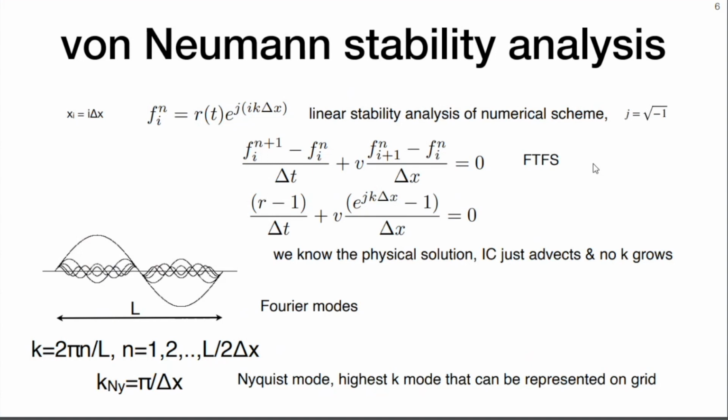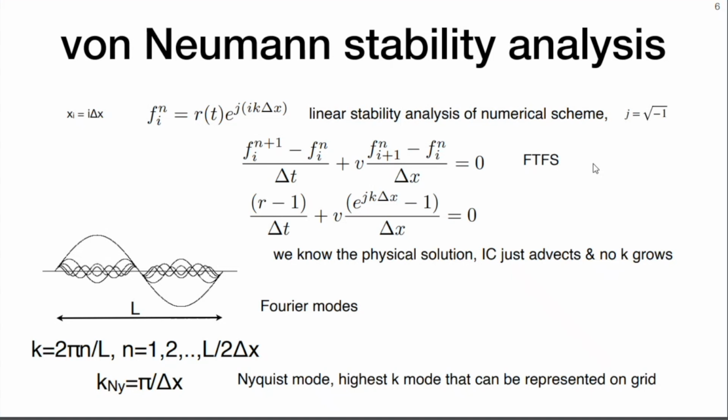What you say is, I'm looking at a particular Fourier mode, and you write f i comma n is equal to a function of time, which is R to the n here, and the spatial dependence is just e to the i k x. It's like a plane wave. Here i is the square root of minus 1, the complex i, and i is also the grid label.